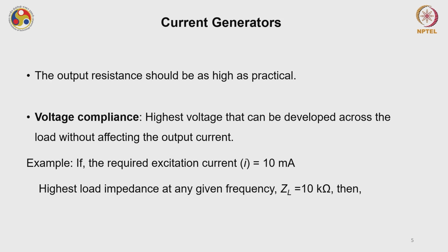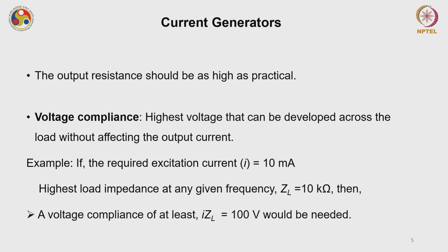Let us understand this with an example. If the required excitation current for the sensor is, say, 10 milliamp, and the highest load impedance at any given frequency is, say, 10 kilo ohm, then a voltage compliance of I times ZL would be needed. That is 10 milliamp times 10 kilo ohm, which is basically 100 volt.